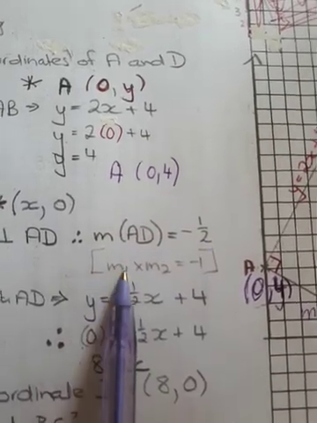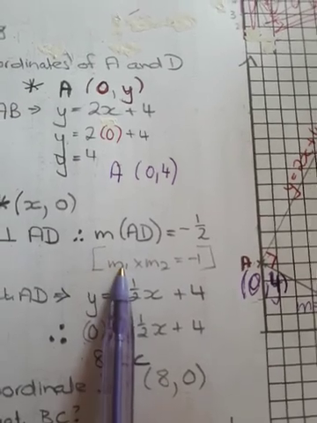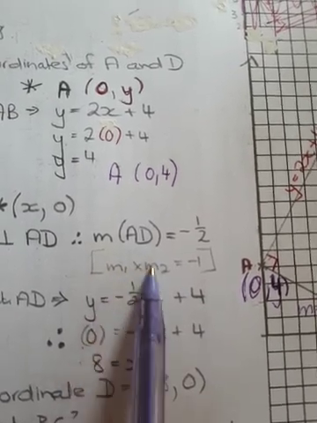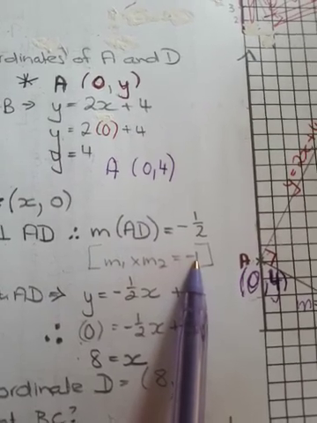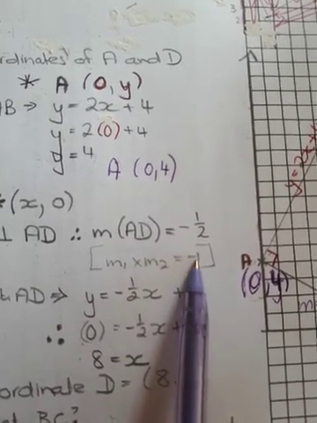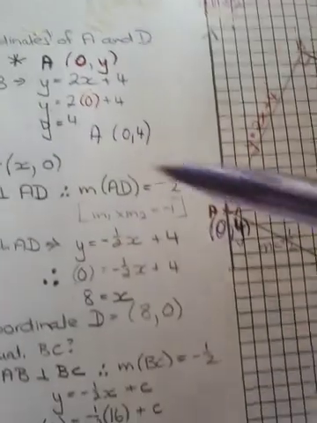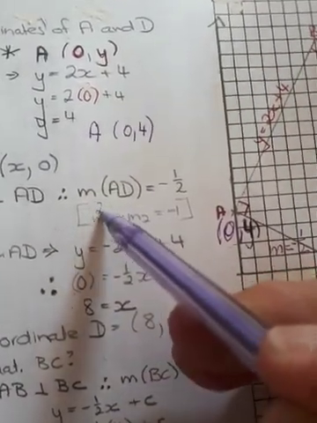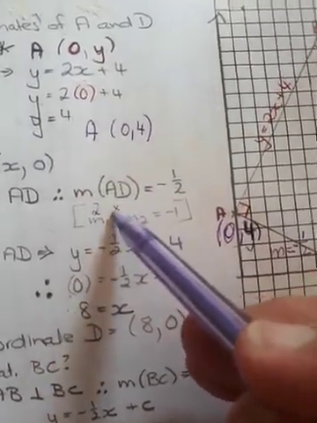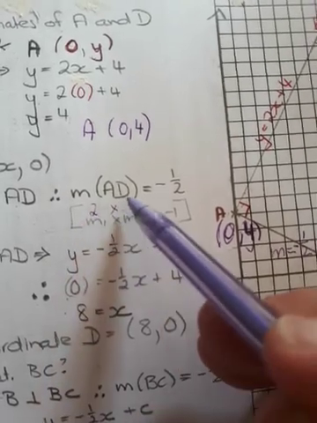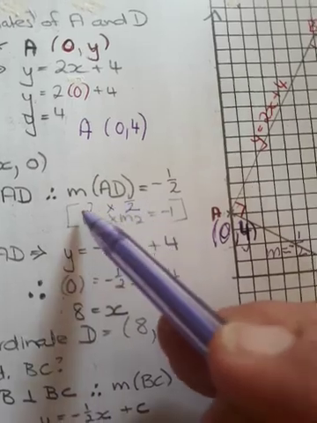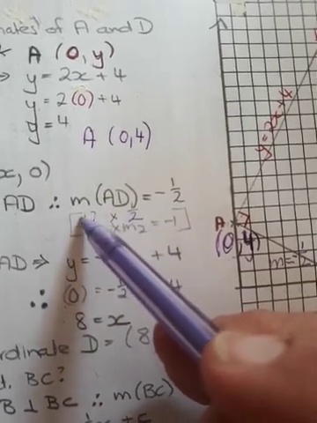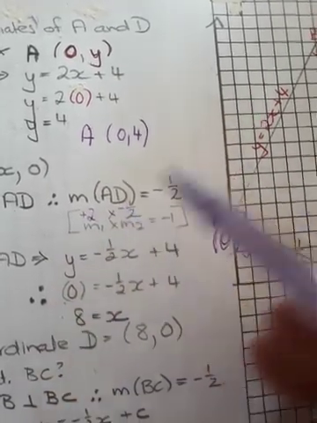It goes back to the fact that when you multiply the gradients of perpendicular lines, you will get an answer of negative 1. If you have a gradient of 2, then you must multiply with the reciprocal. The reciprocal of 2 is 1/2, of the opposite sign. This one is positive, so that one must be negative.